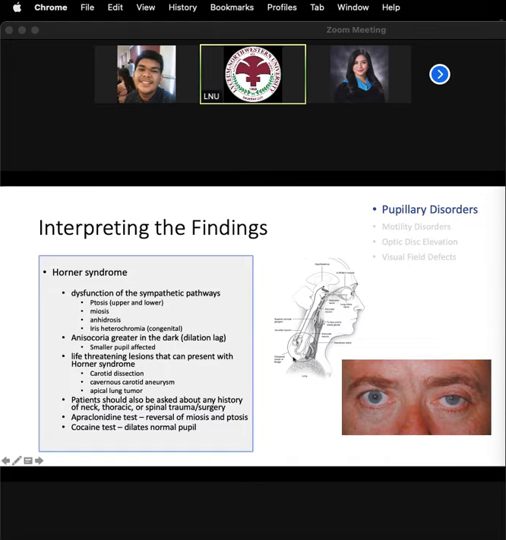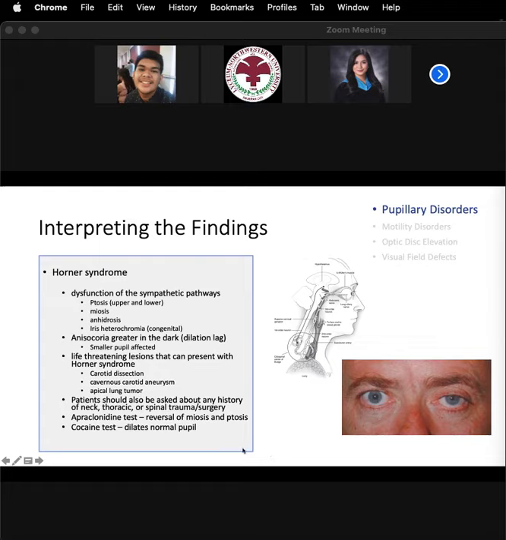Ngayon, Pancoast tumor, apical lung. You have, excuse me, problem in your cavernous sinus. It will impinge on the, this is already your third order neuron. It will also present as Horner syndrome. Okay.